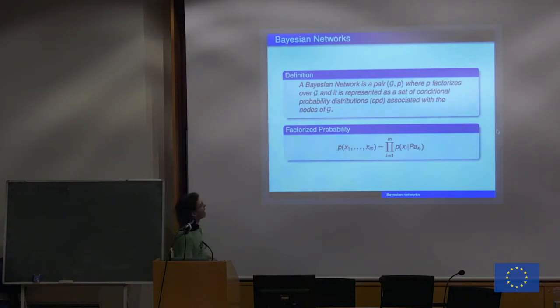Then the joint probability distribution P of x1 up to xm is equal to the product of P of xi given the parents.